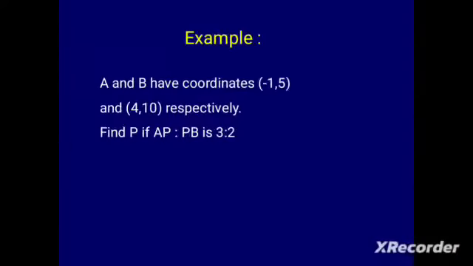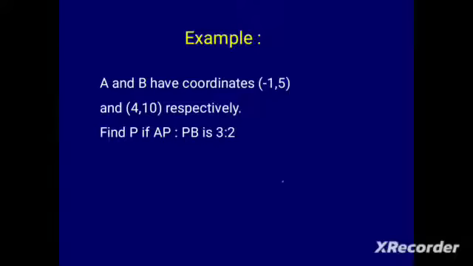So let's now summarize this concept of ratio theorem with a question. A and B have coordinates (-1, 5) and (4, 10) respectively. Find P if AP to PB is 3 to 2.